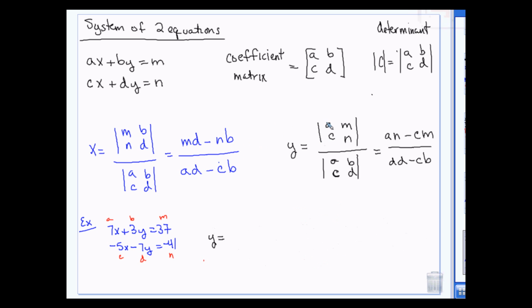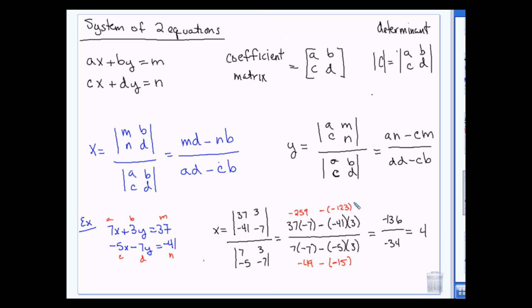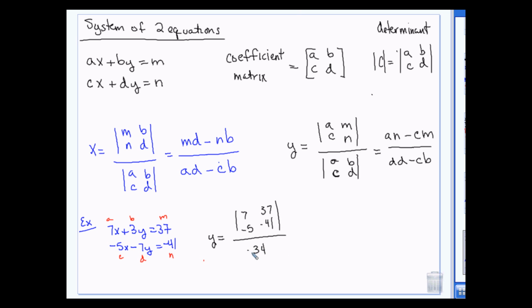So now I'm going to solve for y. I'm going to plug into this formula. So I have 7, negative 5, 37, negative 41. And then if we go back, I already know my denominator, it's the same either way, right? So I could plug in all these numbers and do it again, but I already know it's going to be negative 34 because I've already done it. So the denominators are the same, so I'm just going to write negative 34 down.